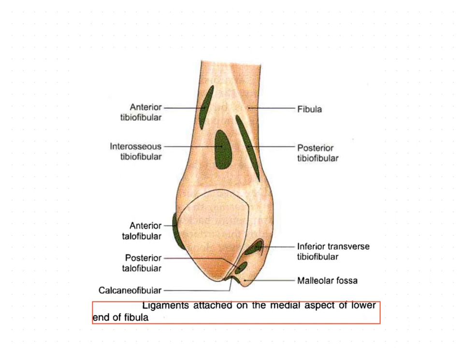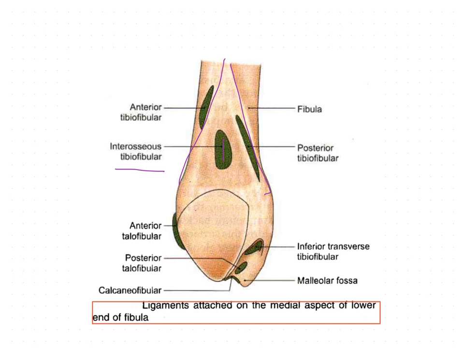Now, we will see the triangular area above the medial surface of the lateral malleolus. So this is the lateral malleolus, and above this we have this triangular area. It gives attachment to the interosseous tibiofibular ligament, here in the middle.